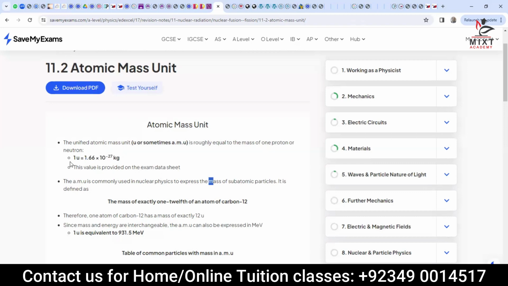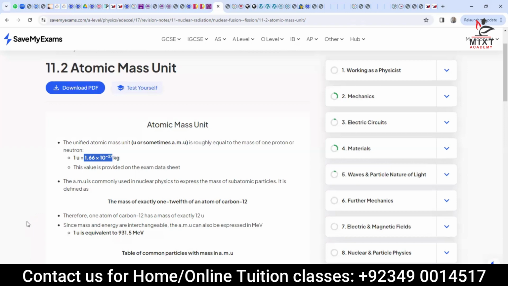It means 1u is equal to this much. So for example, if the nucleon number is given to you, how do you convert it into kilogram? You simply multiply the number of protons plus number of neutrons with 1.66 into 10 to the power minus 27, so it will be converted into kilograms.